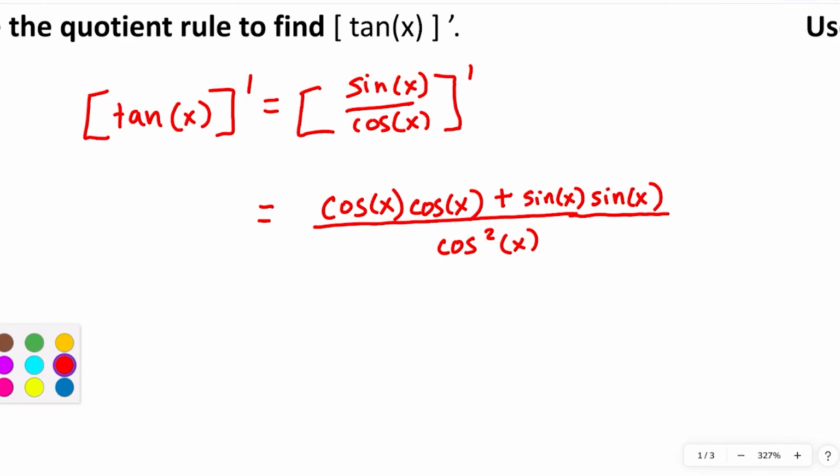Okay, so we can clean this up a little bit. I mean, that is the derivative, but we can simplify this quite a bit, because cosine times cosine is cosine squared, right? And sine times sine is sine squared.